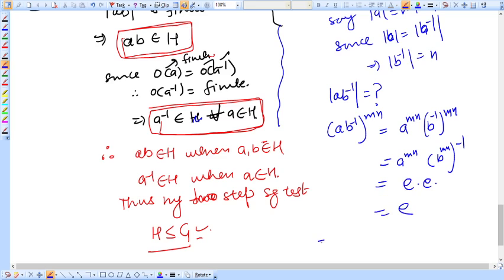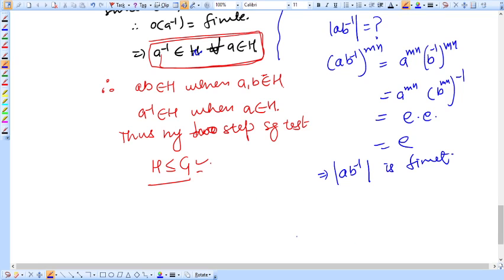So therefore this implies order of AB inverse is finite, which implies AB inverse belongs to H.